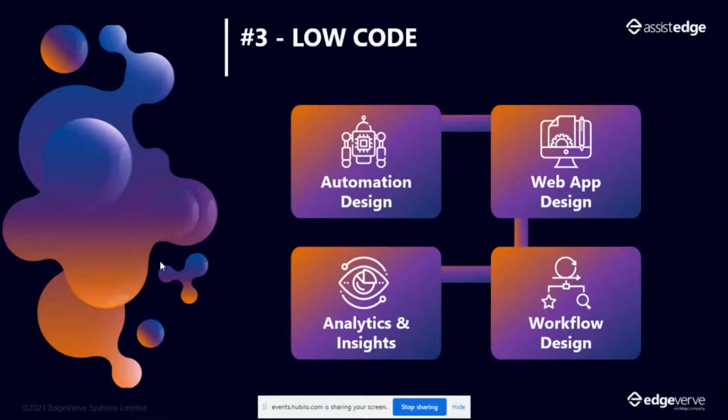19.0 of the AssistEdge platform offers significant breadth here with new capabilities to create web applications through a standard drag-drop design studio interface. And it also allows you to design business processes through embedded workflow designers.